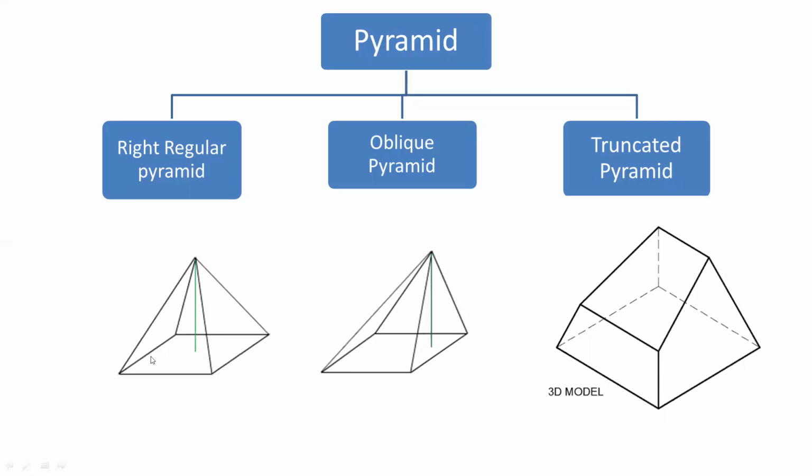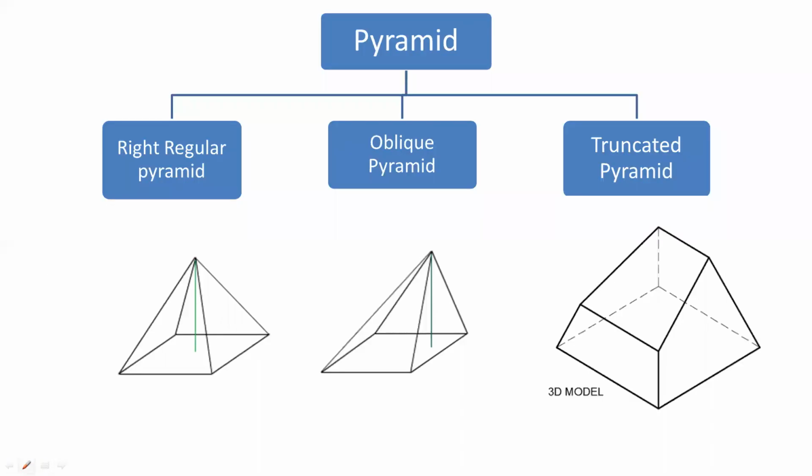So you can observe the difference between the right regular pyramid and the oblique pyramid. Okay. For the right regular pyramid, the axis of that pyramid is exactly perpendicular to the base of the pyramid. So this angle between the axis and the base of the pyramid is exactly a right angle.